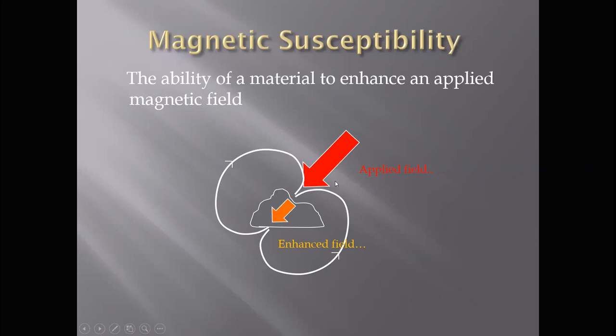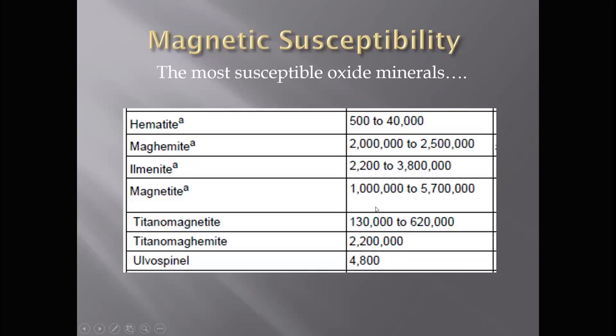So we get an addition of the field or a subtraction of the field, depending on whether these domains are superparamagnetic or magnetic, etc. Just remember that not all minerals do have a magnetic susceptibility. The most susceptible minerals are generally oxides, although some sulfides are as well.